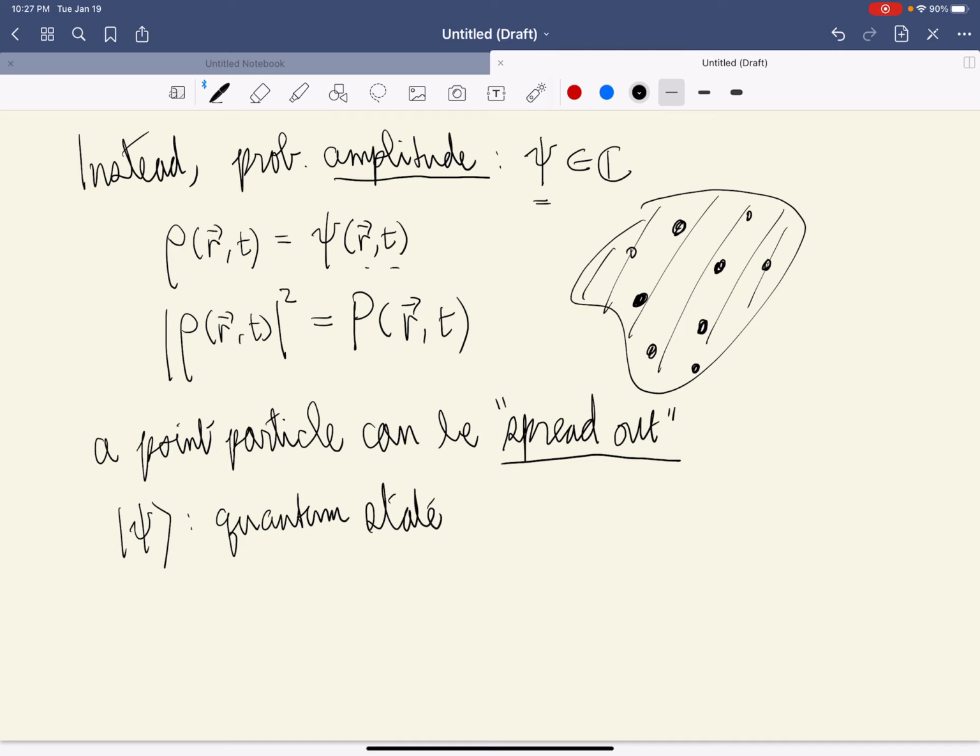And then once you accept that such a thing does exist, what you have to do from that point on is to work out the consequences, and try to understand everything that goes on in the quantum world in terms of this object called the quantum state.